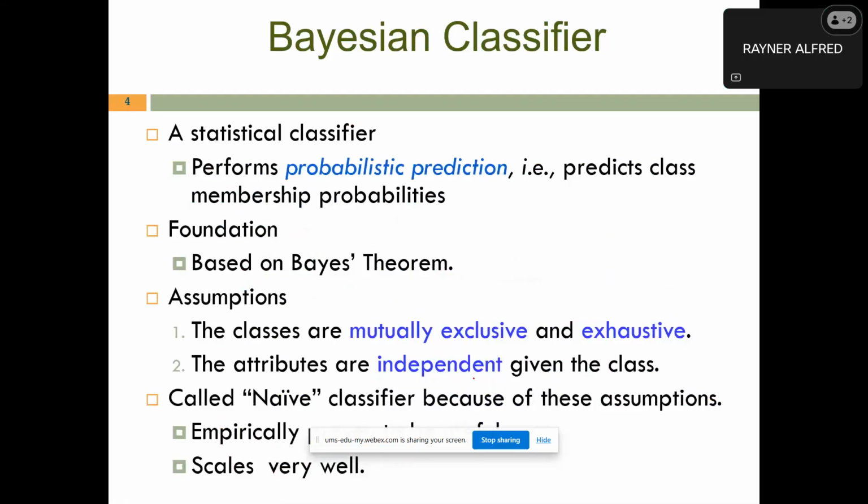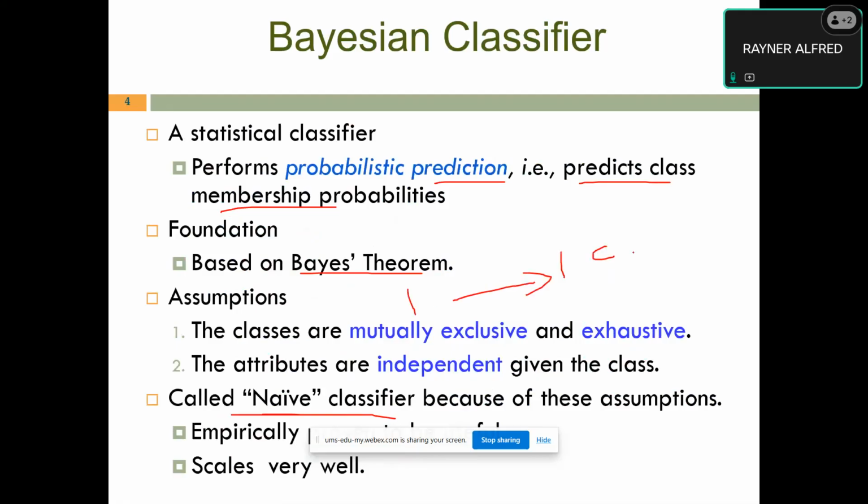So this is a statistical classifier that performs probabilistic prediction, where it predicts the class membership. The foundation is the Bayes theorem, and these are the two assumptions that we make for the classifier. That's why they call it naive. The first is that the classes are mutually exclusive and exhaustive, meaning that one item can only have one class.